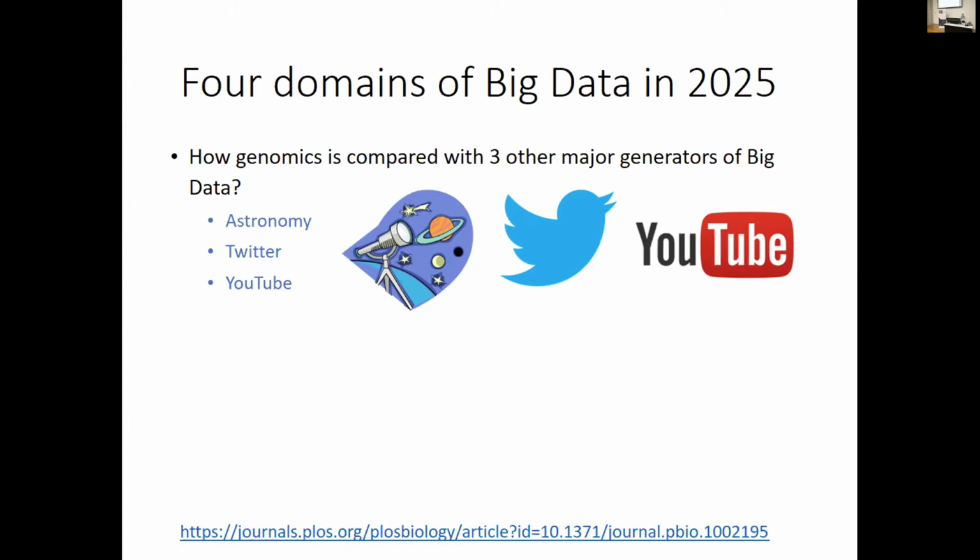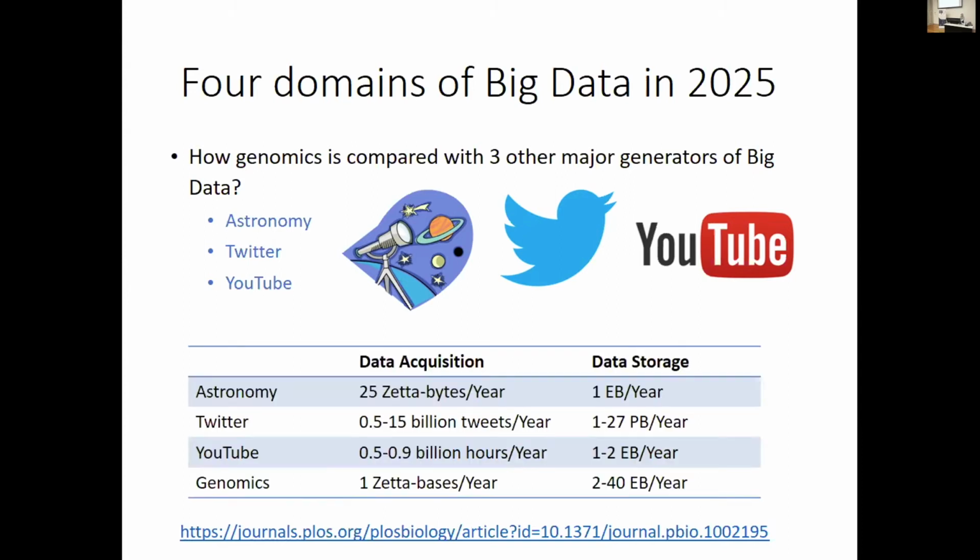And YouTube came onto the scene in 2005, and now there is extraordinary interest worldwide in generating a huge number of videos and media. How does it compare with genomics? Astronomy is the oldest one. It's been about 20 years that astronomy has been in the field of big data. All the other fields are just emerging, including genomics.